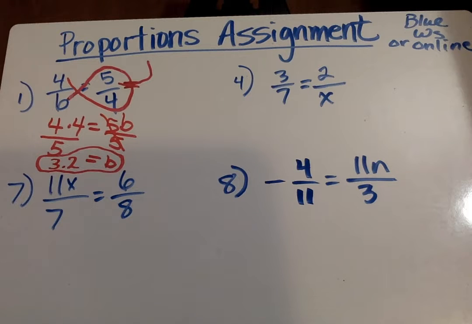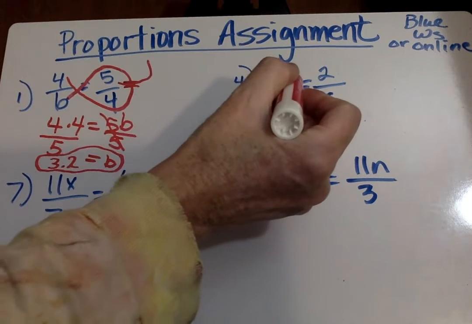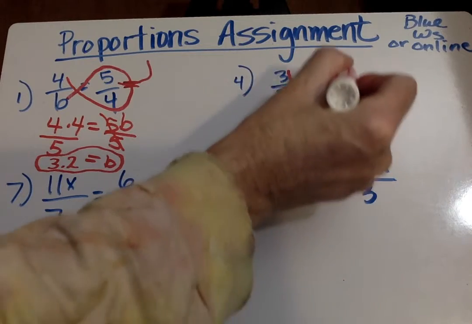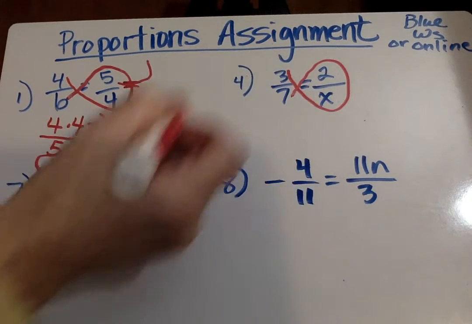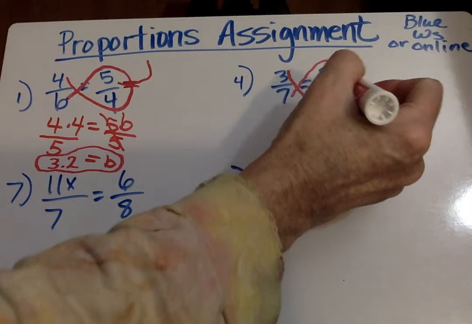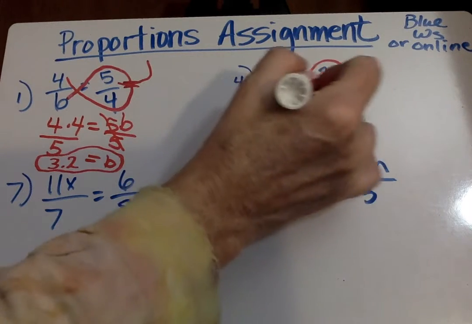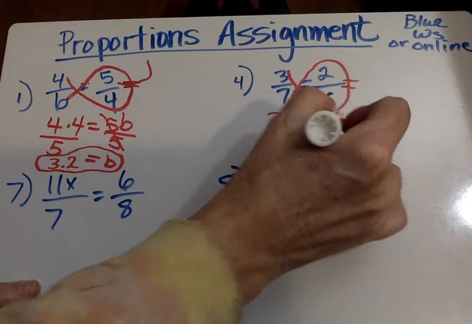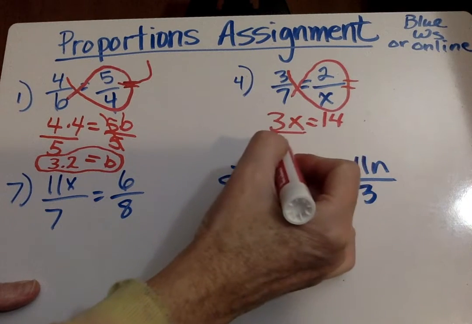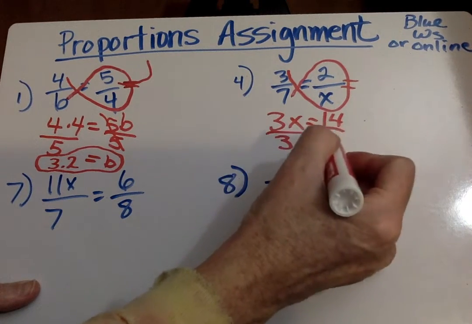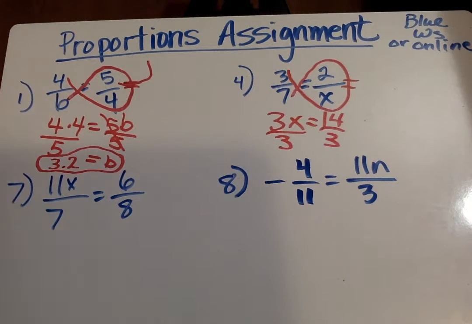Next, I'm going to jump to number 4 and just do some random ones here. Again, I'm going to start at the upper left, go down to the right, and make my fish. So 3 times x, equal sign in the fish's mouth, 3x equals 2 times 7 is 14. Then you divide by the number in front of x, and we get 14 thirds.